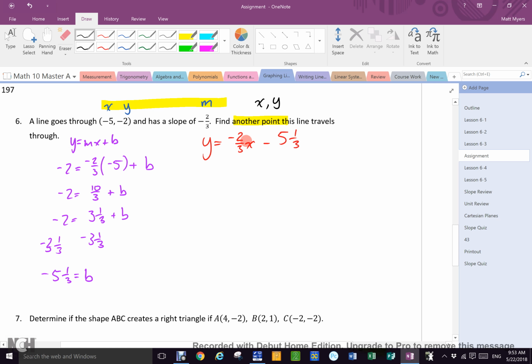What's 0 times 2/3? 0. So when x is 0, what's y? Negative 5 and 1/3. Is that an x? Yeah. Is that a y? Yeah. Do I need an x? Yeah. Do I need a y? Yeah. 0 and negative 5 1/3. And that would be done.